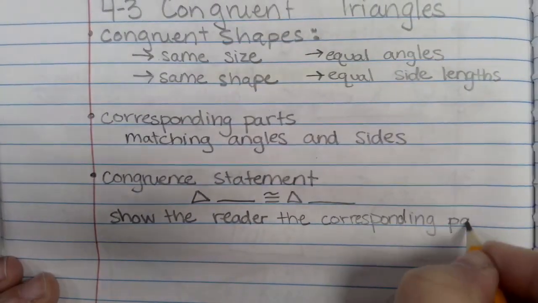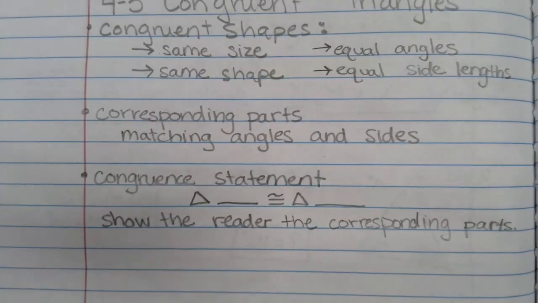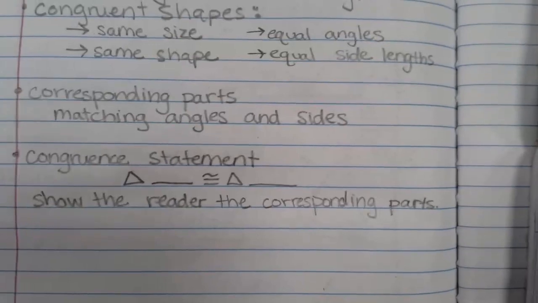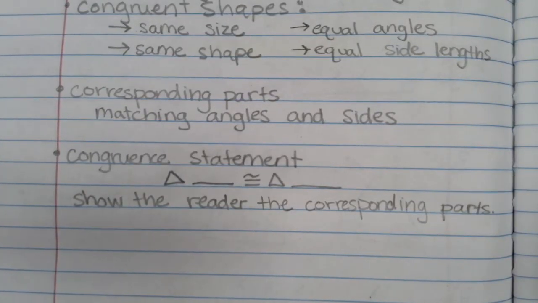So based on that congruent statement, they should know exactly which angles match which angles. They don't need a picture. They should be able to just look at this statement that we wrote and say, oh, I know this matches with this matches with that matches with that.